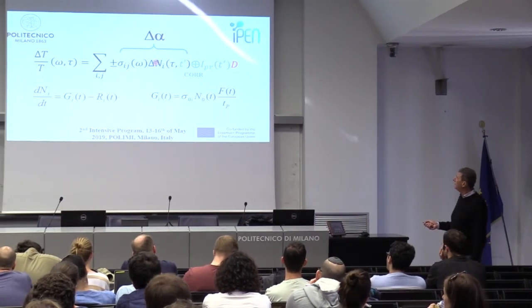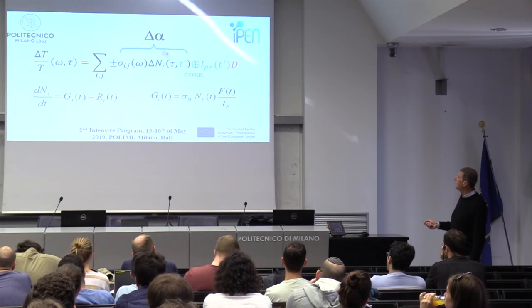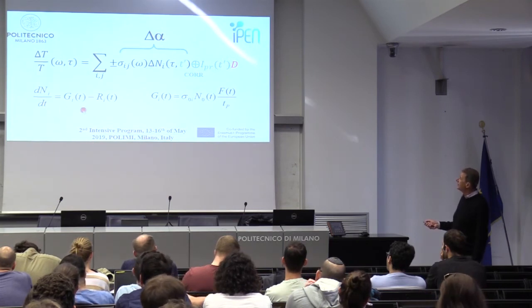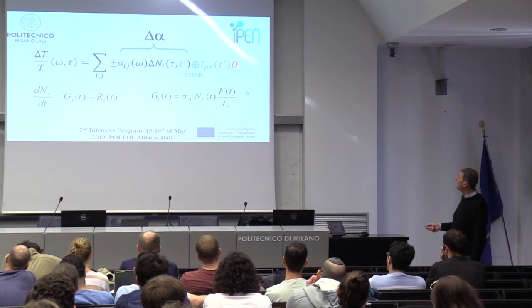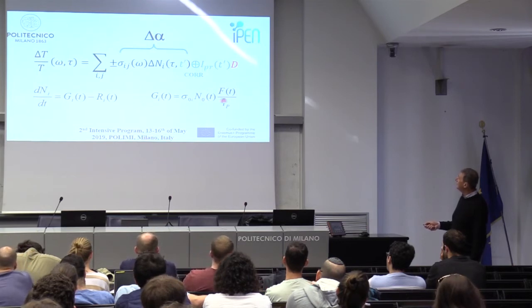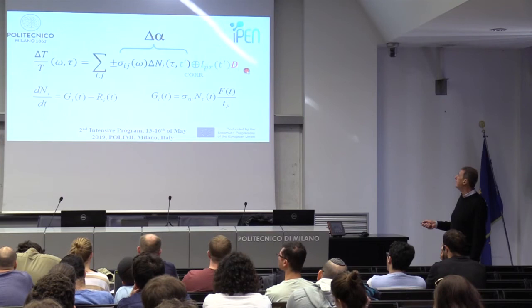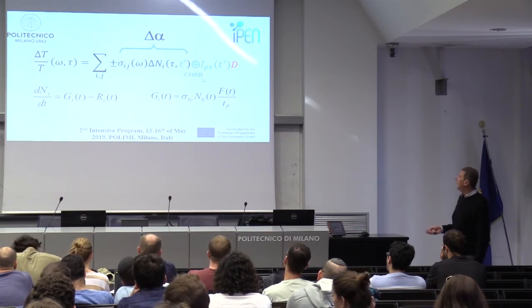And now about the delta n, the change in the population, this is described by a simple rate equation like this, in which there is a generation term and the recombination term. And the generation, if it is due to the pump, will include the photon flux of the pump. And so you see the time duration of the pump is inside the generation, is inside the population delta n. And the time duration of the probe is here in the probe pulse.